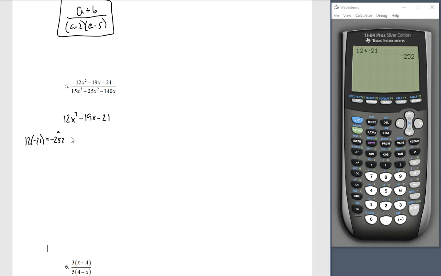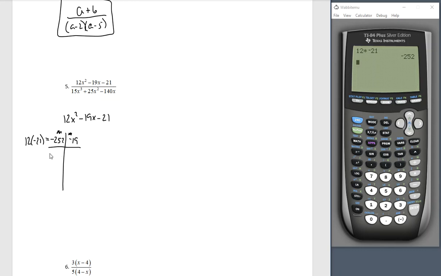So I want numbers that multiply to be negative 252 and add to be a negative 19. Okay, now multiplies to be negative, so I know that my signs are opposite, just like where they were here for the 12 and the 21. Adds to be a negative 19, so I know the bigger one is negative.